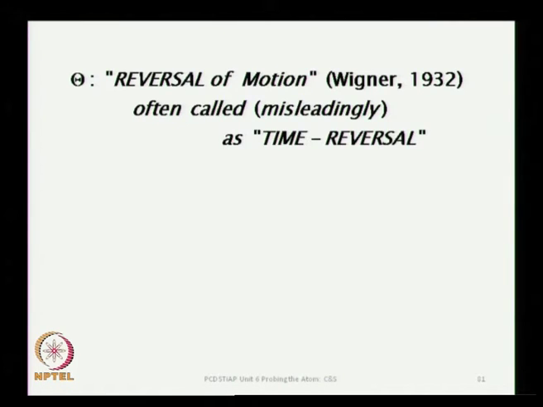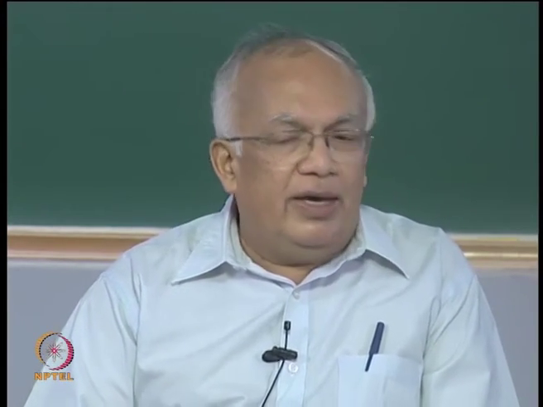This should correctly be called motion reversal, as Wigner suggested, but it is often referred to as time reversal. It is a little bit misleading terminology, but it is quite common. Everybody uses it and we are going to use it, but we will remember that motion reversal is a more appropriate expression for what we are talking about than time reversal.